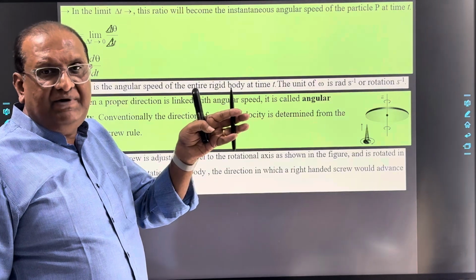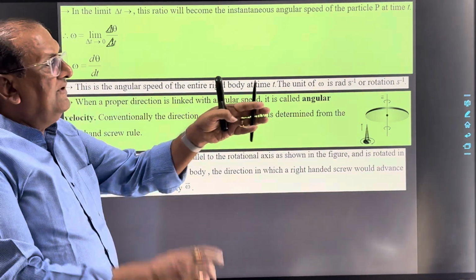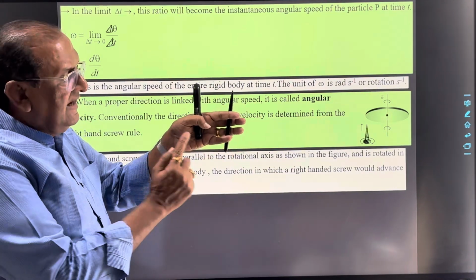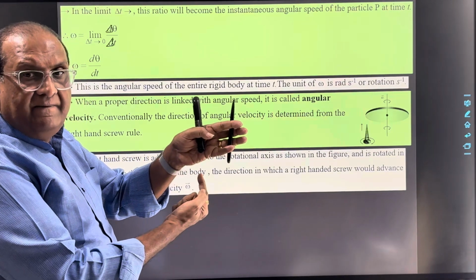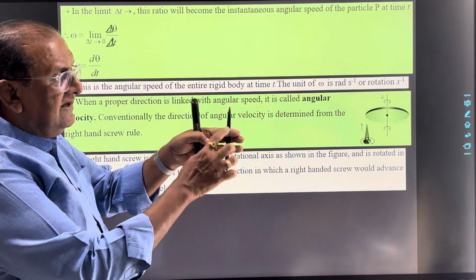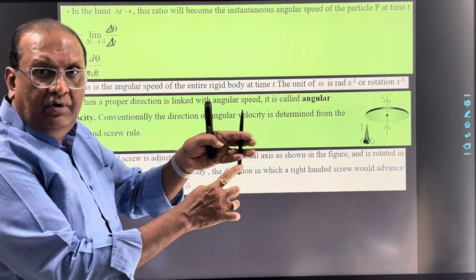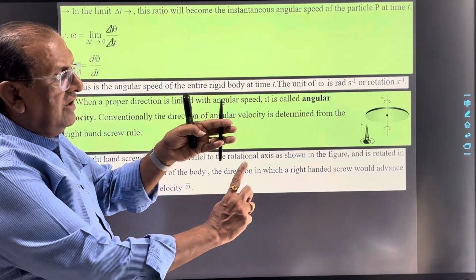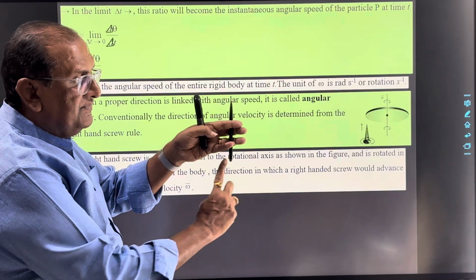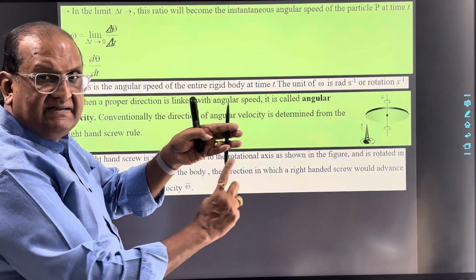Suppose this one is our rotational axis and parallel to it this is the right handed screw that is placed. Now suppose your body is rotating like this, then you have to rotate this right handed screw in the direction of the rotation of the body. So you have to rotate the right handed screw in the same direction like this.